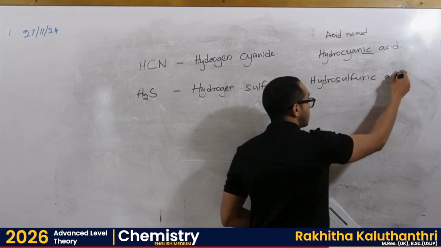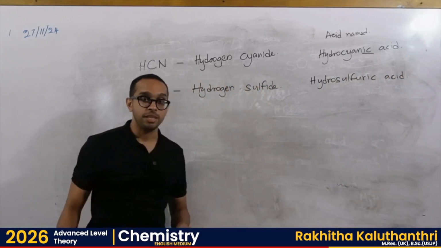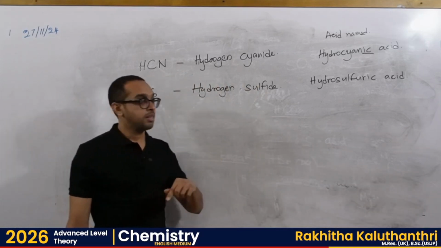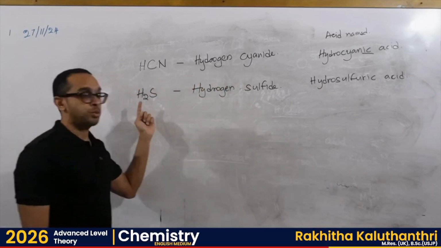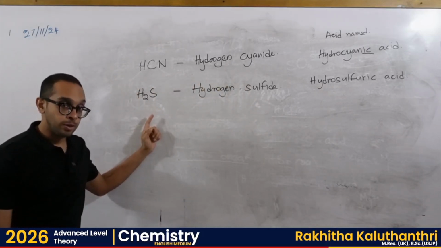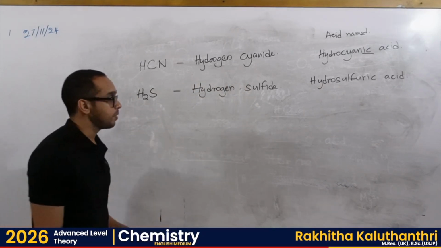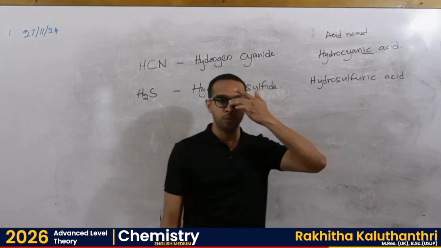Now this is not the normal sulfuric acid we know of, okay? This is hydrosulfuric, right? Hydrosulfuric means we are basically talking about H2S in aqueous medium. H2S in aqueous medium is referred to as hydrosulfuric acid. So don't confuse this with sulfuric acid, which is H2SO4.